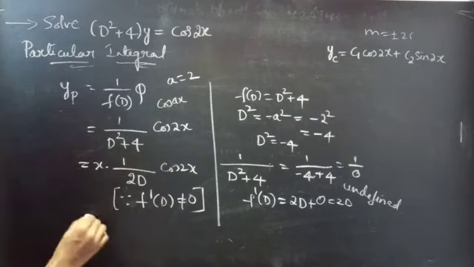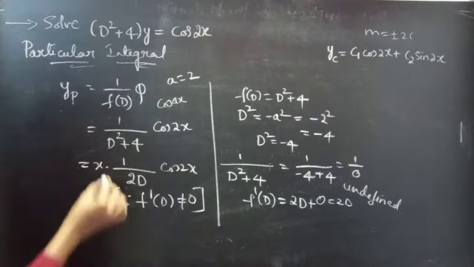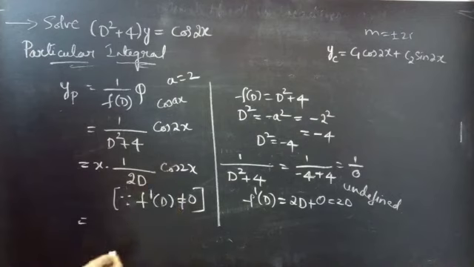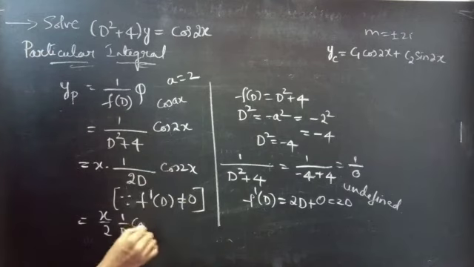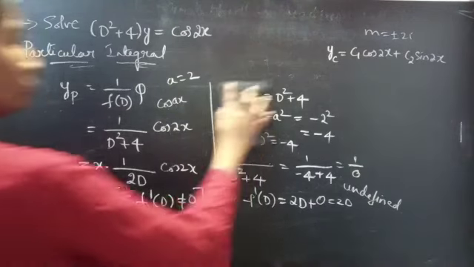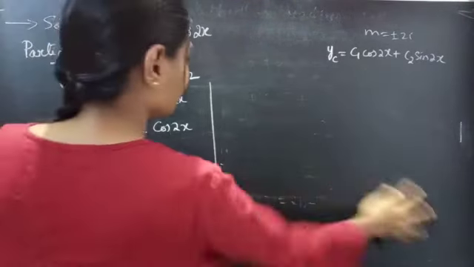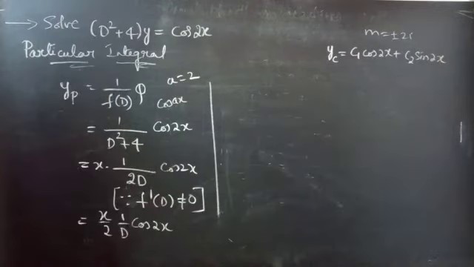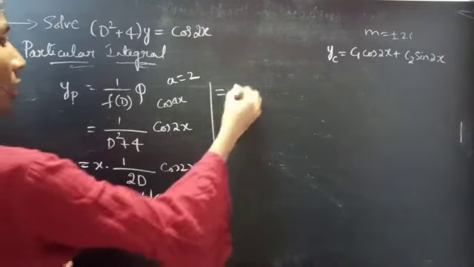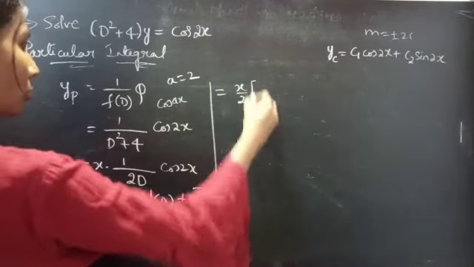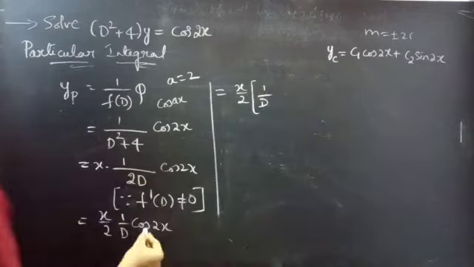Then you get x by 2 into 1 by D into cos 2x.